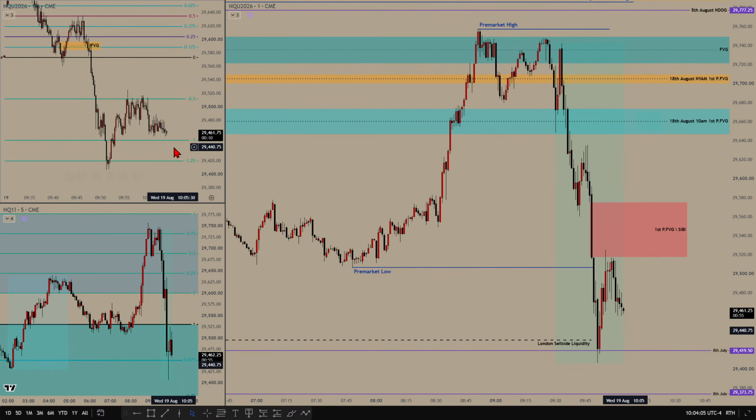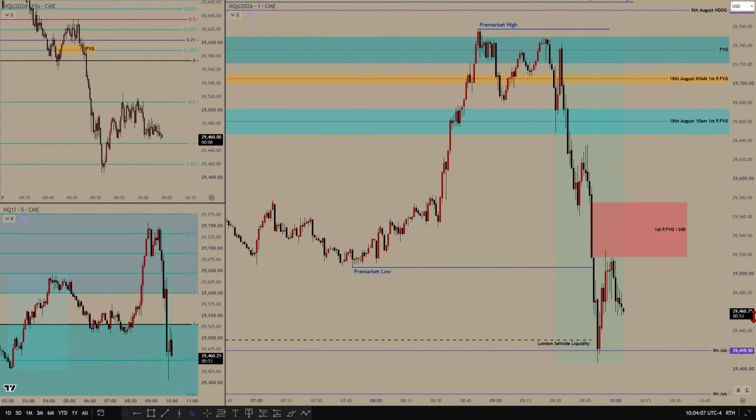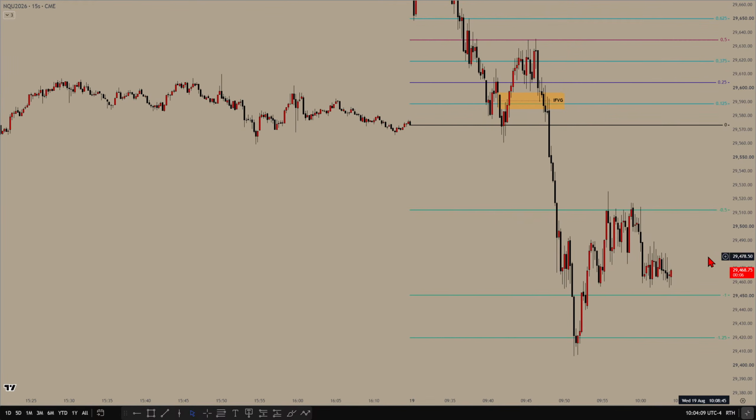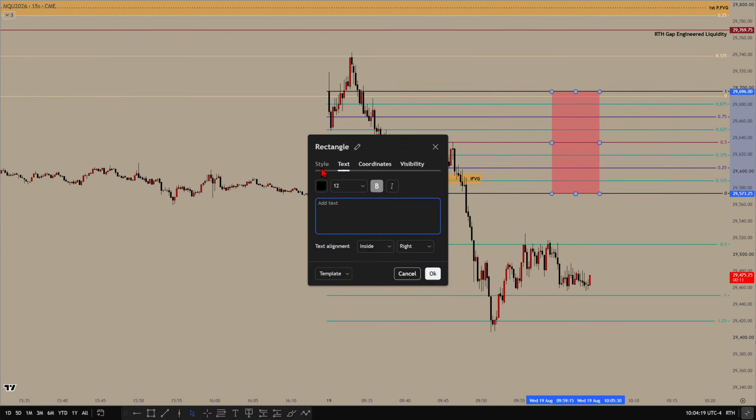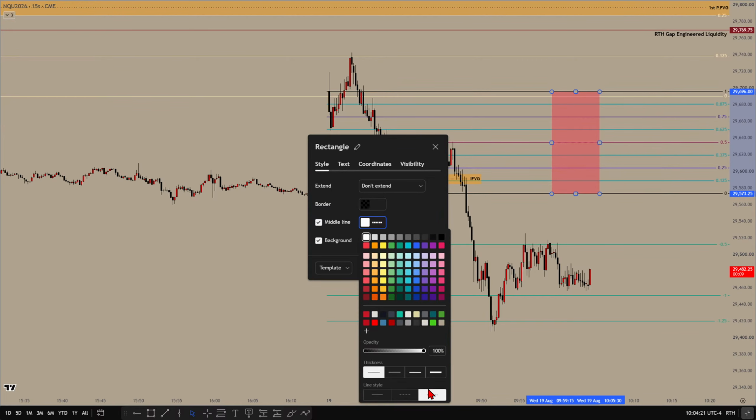Right, so I put standard deviations from the opening range gap. Let's go onto the regular trading house chart for a moment. So you've got 100% of our gap. Say it's this rectangle. I'm going to put in the middle line here, big white line.